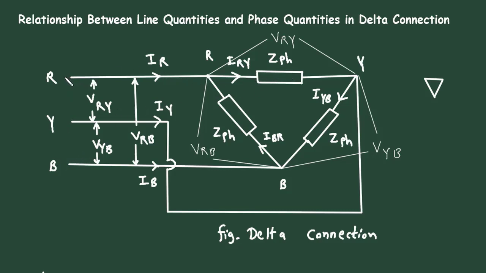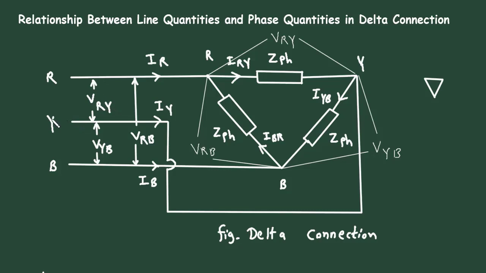Now here this IR represents this line current or supply current. This IY represents the Y phase current, and this IB represents the B phase current. Now here the voltage between R and Y is represented by VRY.